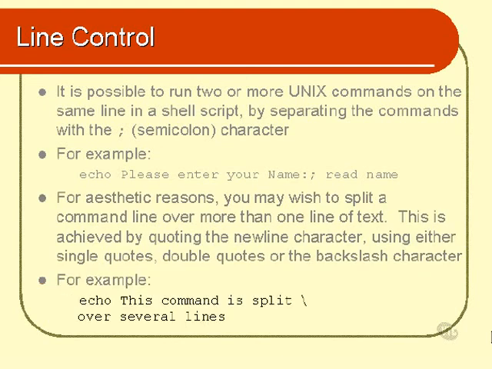An example of that might be, this command is split, and then as the very, very last character on the line, it has to be the last character on the line, you can put a backslash character, which will make the next character, which in this case would be the new line character, non-special. In other words, you'll still get the new line in your echoed output, but the new line is no longer considered to be the end of the command, which is what new lines are usually treated as.